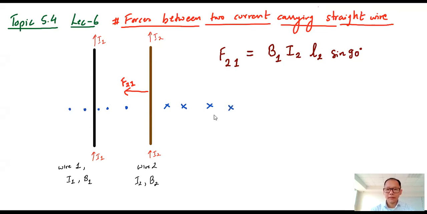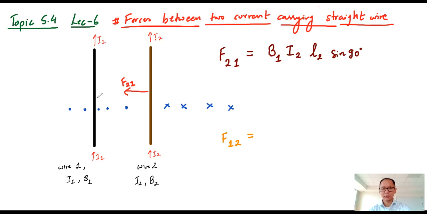Now, let us try to understand what the force is. Let's change the color to yellow. So the force acting on wire 1 due to wire 2. If you look at the direction of the field that the black wire is in, you see that it's a dot, right?